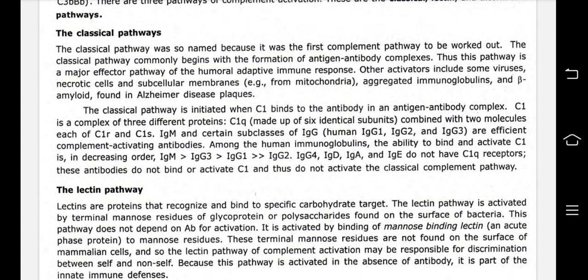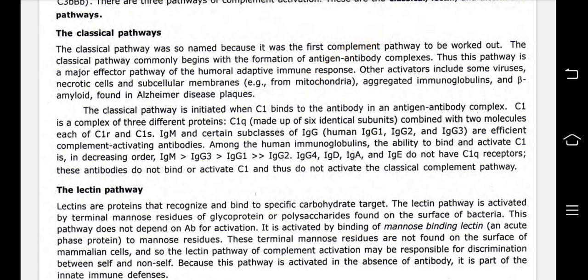The classical pathway is initiated when C1 binds to antibody in an antigen-antibody complex. C1 is a complex of three different proteins: C1q, made of 6 identical subunits, combined with 2 molecules each of C1r and C1s. IgM and certain subclasses of IgG, human IgG1, IgG2, and IgG3, are efficient complement activating antibodies.